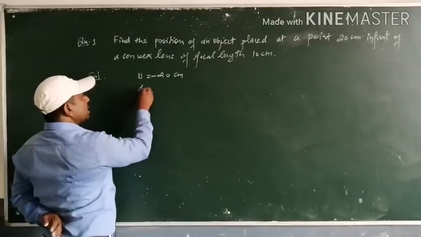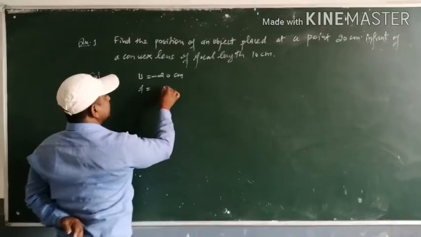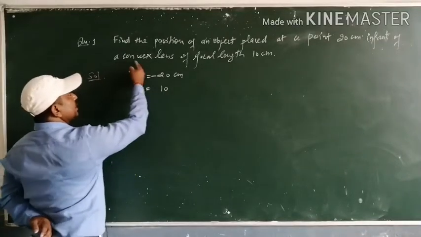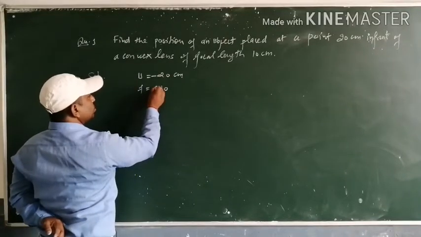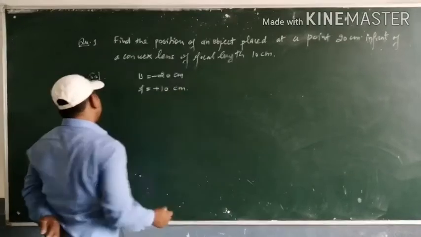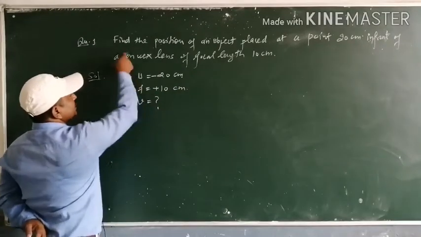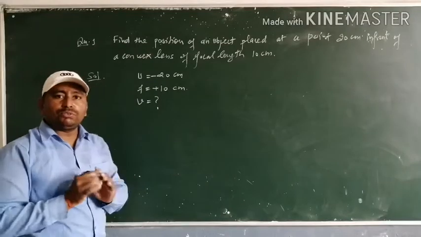The focal length is 10 centimeter, and because the lens is convex, its focal length will be positive. So what will be the position of the image? That is what we want to find out.